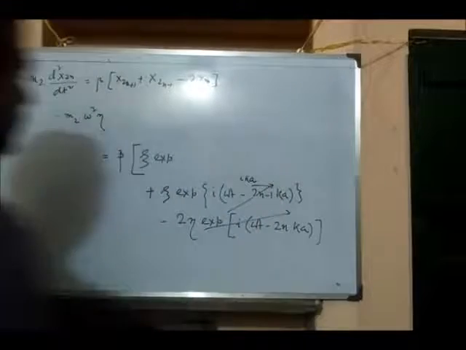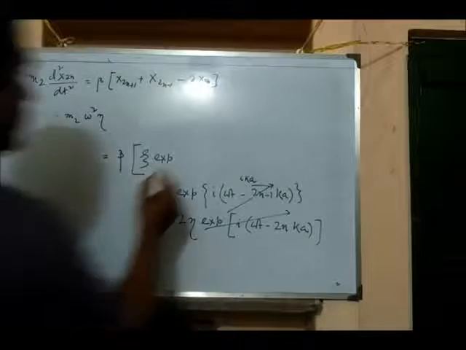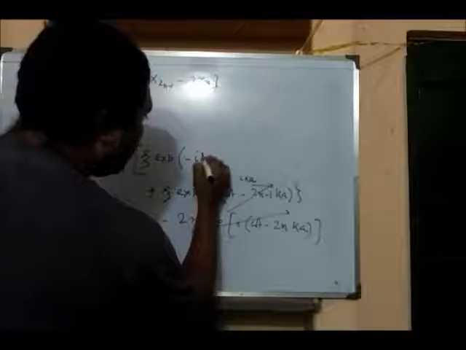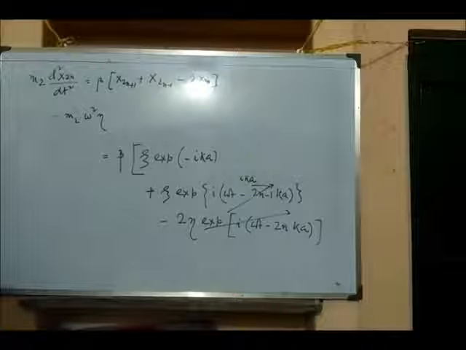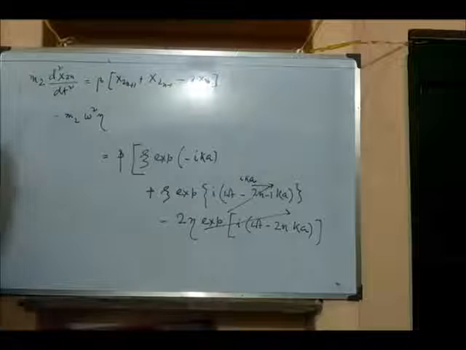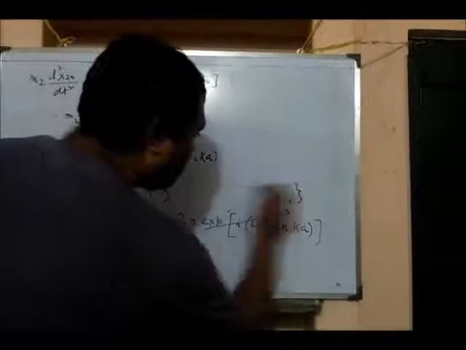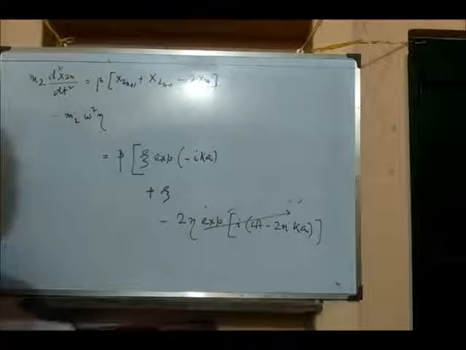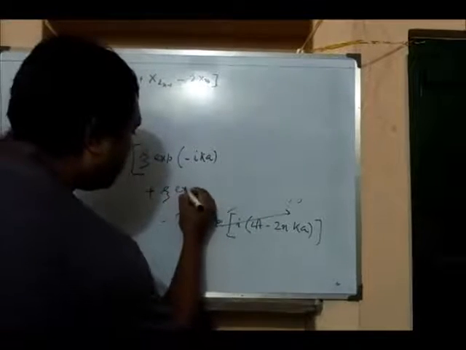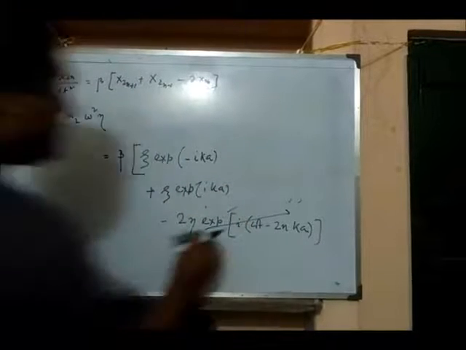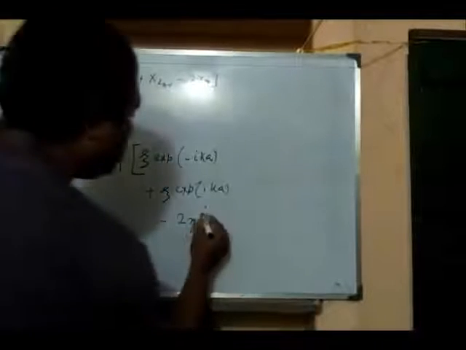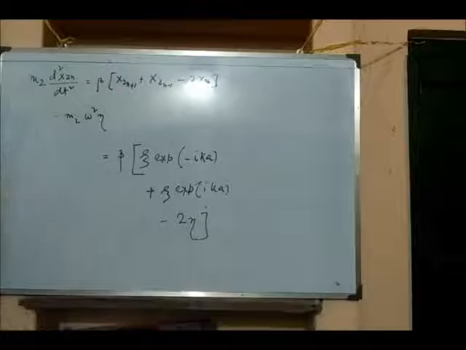In this case, you will just have exponential minus ika in the term here. Once again, you will have exponential ika and this will be removed and you will get just this.